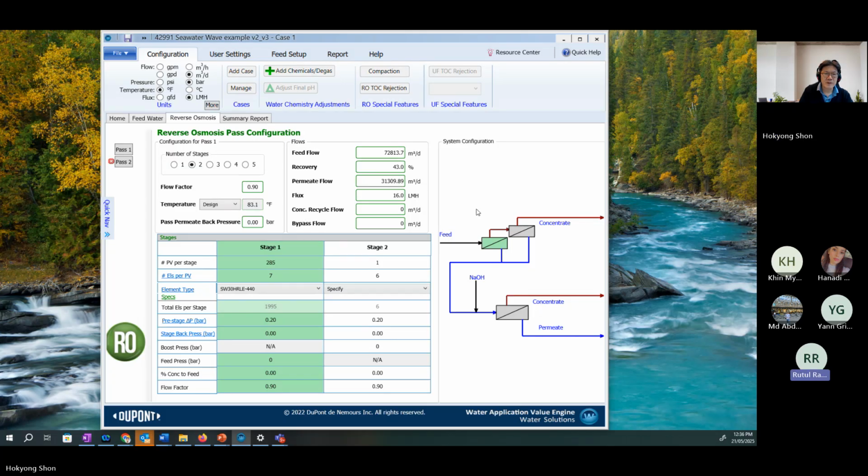And the recovery in this part, should it be between like 40 to 50%, or exactly 50%? I prefer 42 to 50. I think 45 is okay, 50 is okay, because for seawater it depends on your design parameters. But if you have a high recovery rate, you will have more fouling potential. So 43, 45, even 48 would all be all right.